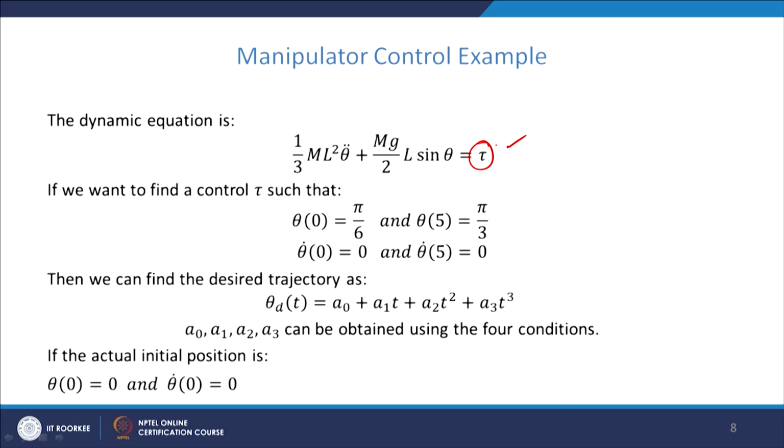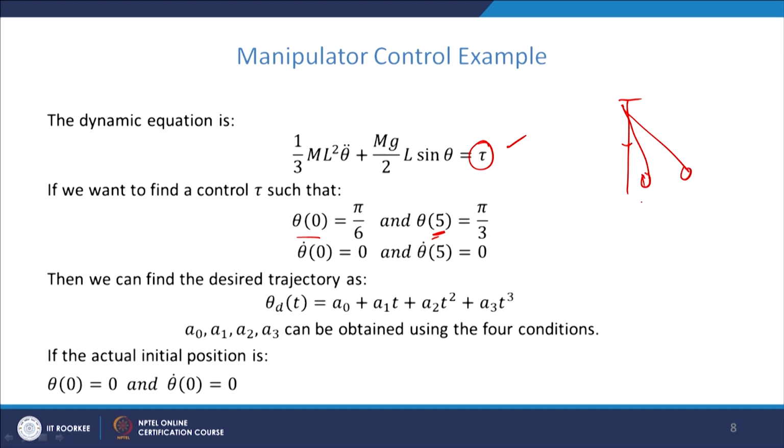Now, we want to find the control of this pendulum in this particular manner: at time t equal to 0 the angle is pi by 6, 30 degrees, and at time t equal to 5 units the angle is 60 degrees.